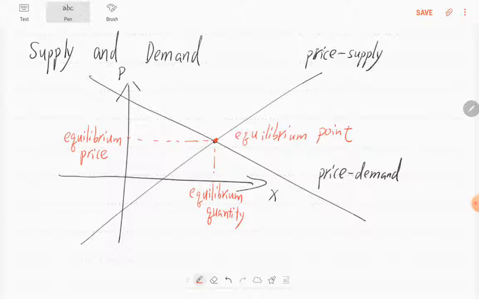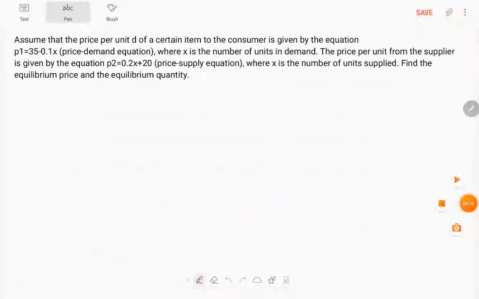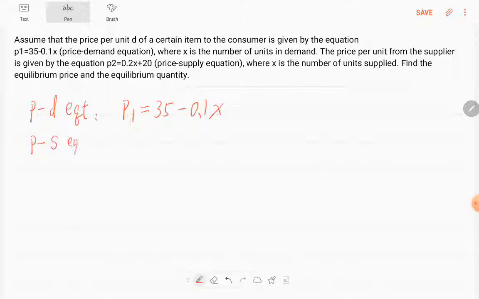So now let's look at an example. In this example, the price demand equation is given by P1 equals 35 minus 0.1x. The price supply equation is given by P2, another price, equals 0.2x plus 20.